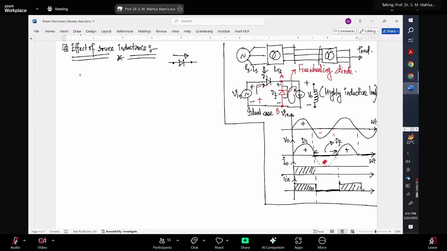Suppose we have the same circuit, my V input, then a source inductance LS, connected to a diode D1, and here we also add a freewheeling diode DF, and then it is connected to a current source, meaning there is a highly inductive load connected at the output terminal.